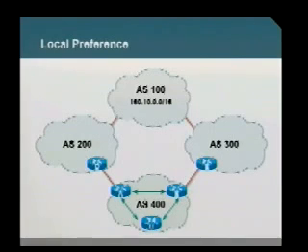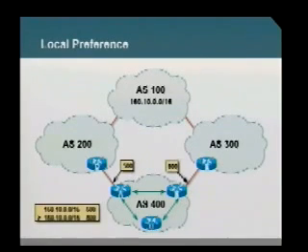What do we do? Well, this is where the local preference comes in. You, the operator of AS400, can actually determine which way you want the traffic to go from router C or from AS400 to get to AS100. And you use local preference to do that. If you mark the incoming announcement of 160.10/16 coming in from AS300 and from AS200 with a local preference, you can then tell your network which way to go out.